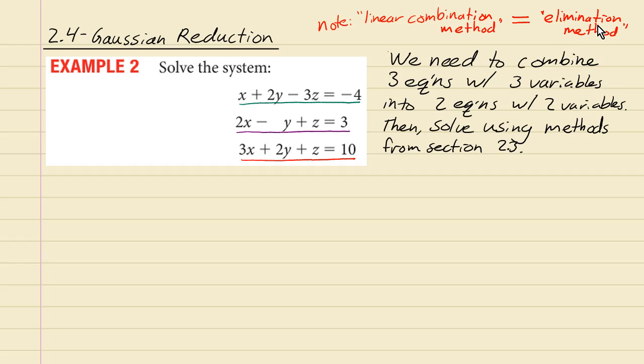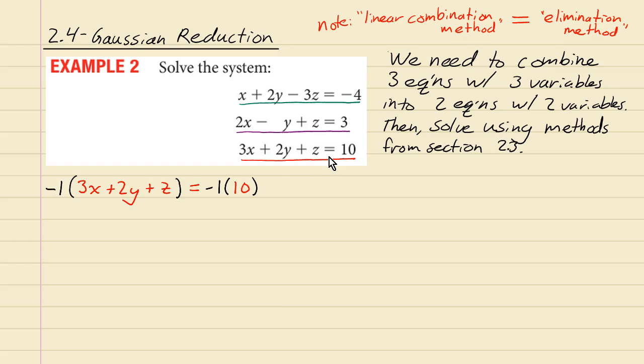So let's see where you can find some variables you might be able to eliminate. I see a z and a z here, which are equal to each other. So maybe I could eliminate z from two equations by multiplying one of these by -1 first. So let's take that last equation, the orange one there, and multiply both sides by -1.